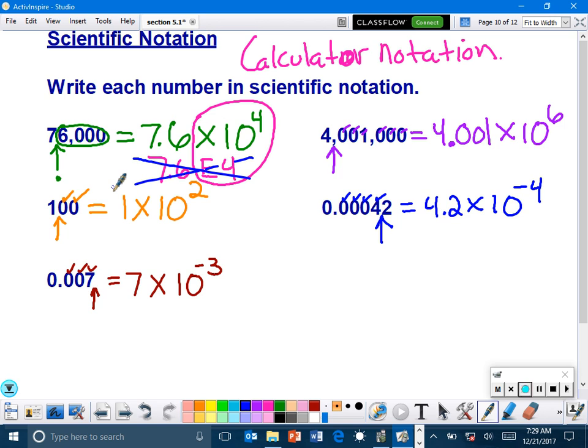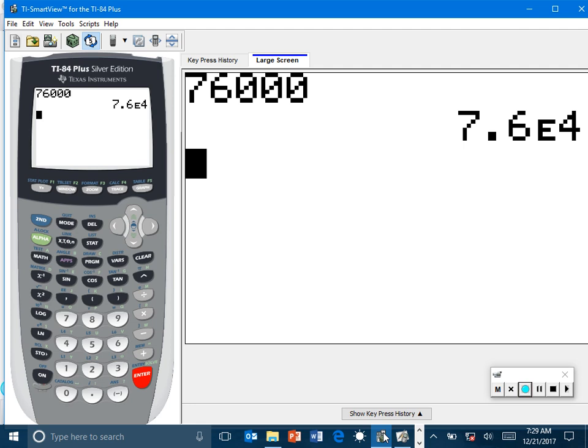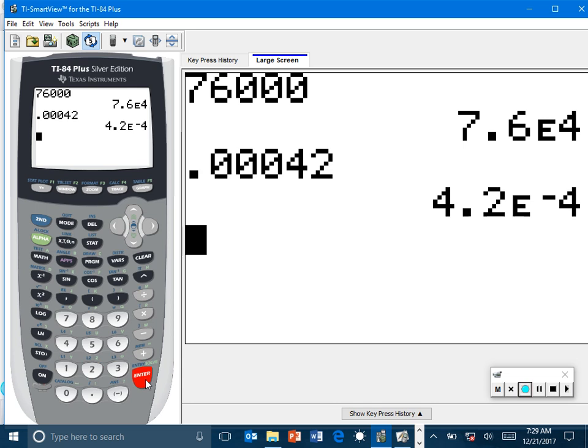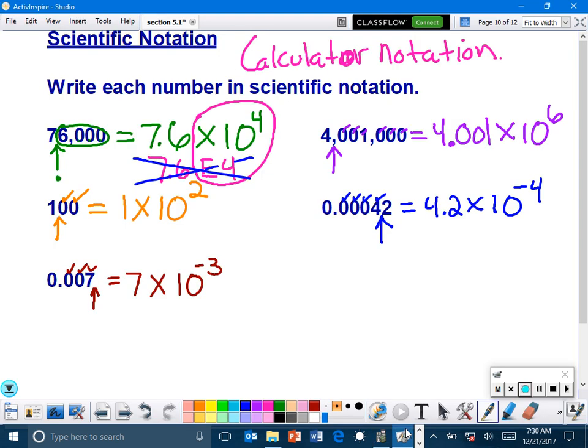Let me demonstrate with the 0.00042. Okay, so if I type in 0.00042, did I get too many zeros on that? 3 zeros? Nope, I didn't. You'll notice it gives 4.2 E negative 4.